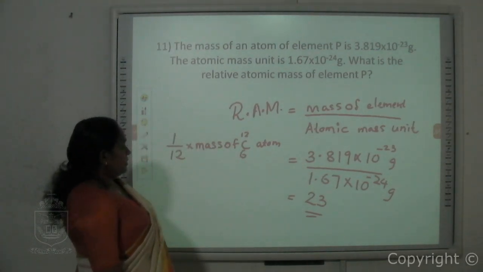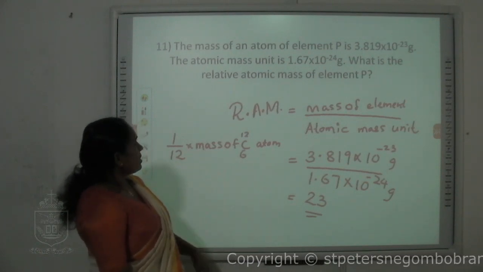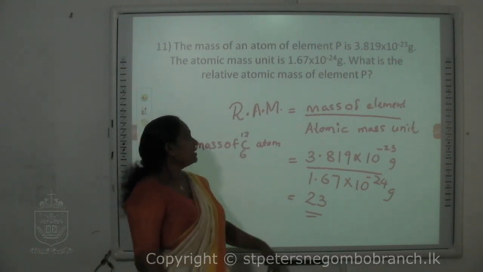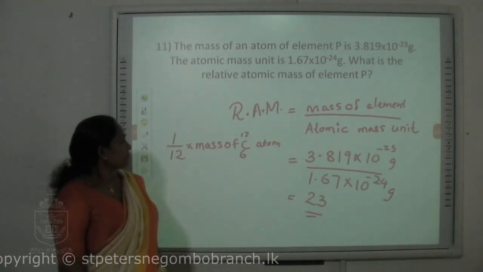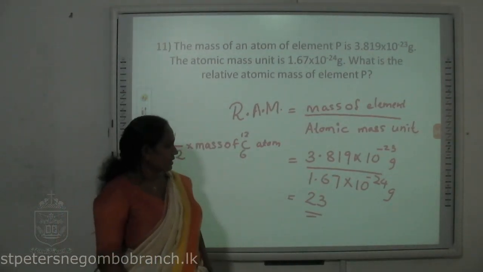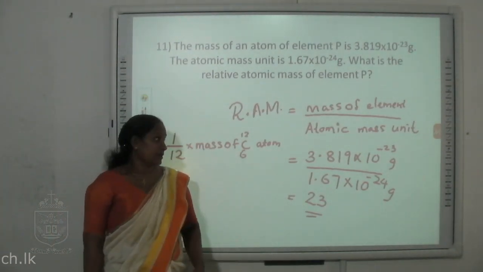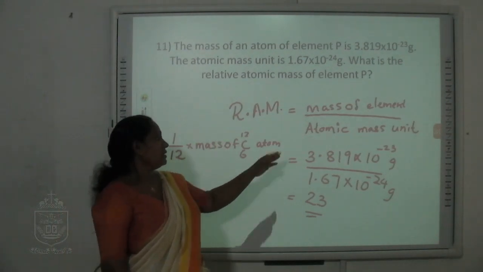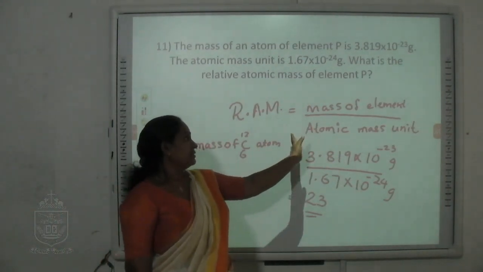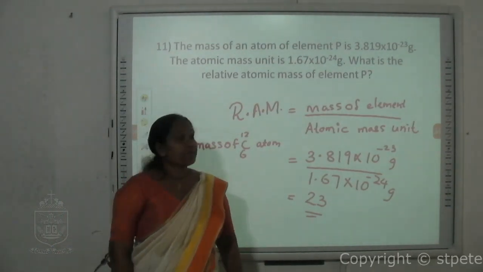If you know the atomic mass unit and the mass of the element, we can divide and find out the relative atomic mass of that atom or element. Even to find the relative molecular mass, it is the same procedure: mass of the molecule divided by the atomic mass unit.